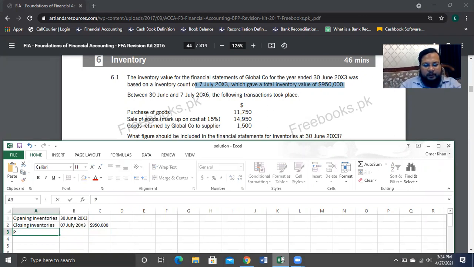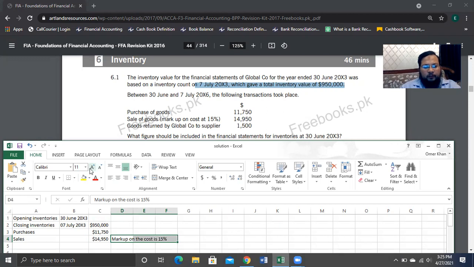Furthermore, the question says that the purchases are 11,750. Furthermore, we are provided with the sales, it's 14,950. But the very important information is written that the markup on the cost is 15%.